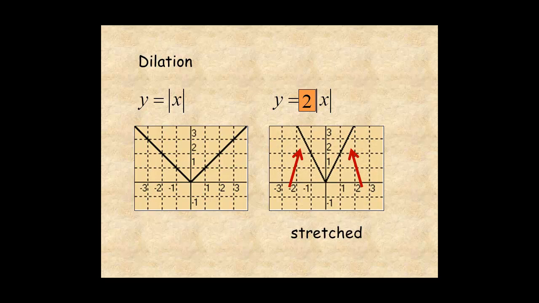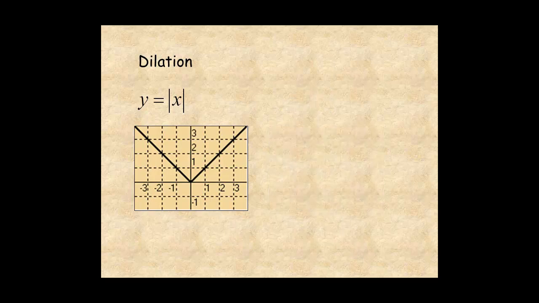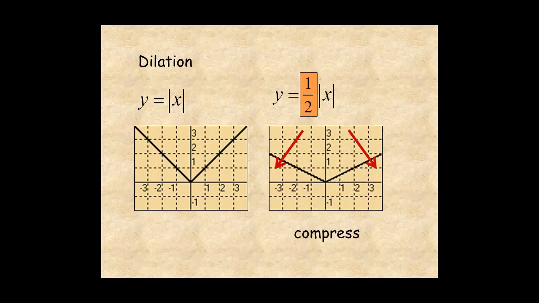The legs are steeper, with the slope equal to plus or minus 2. If you multiply the function by a fraction like 1/2, the graph is compressed vertically. The legs are flatter, with a slope equal to plus or minus 1/2.